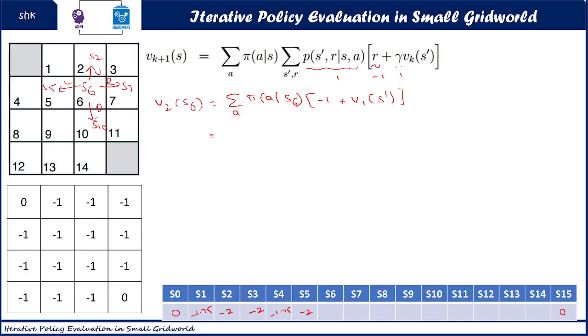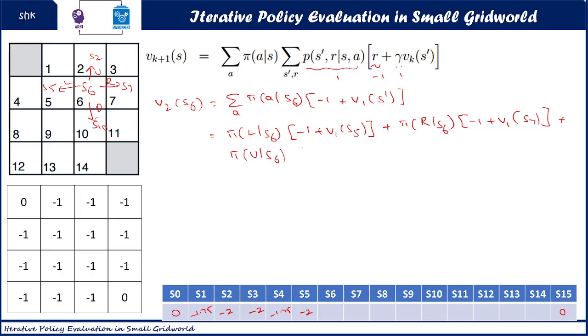Now the various actions we are having are left, right, up, down. So we'll write the probability of left action from S6, minus 1 is the reward, plus V1 of S6; for left action the next state is S5, so V1 of S5, plus the probability of right action from S6 state, minus 1 is the reward, plus V1 of, when we take right action, we are going to change the transition to S7 state, plus the probability of up action from S6 state, minus 1 is the reward, V1 of, when we take up action, we are changing the state to S2.